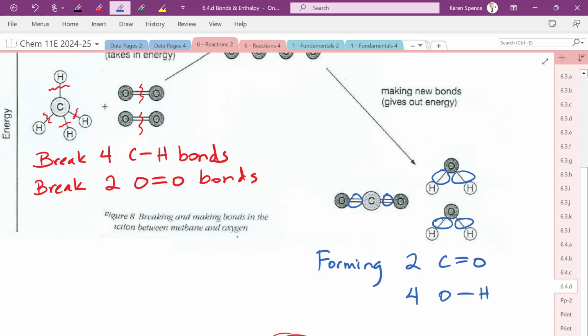So you can say, I need this much energy to break 4 C-H bonds and this much energy to break 2 O=O bonds, and that's going to be positive enthalpy energy. And over here, I'm going to get negative. Actually, I should say enthalpy because it's the potential energy. Enthalpy.